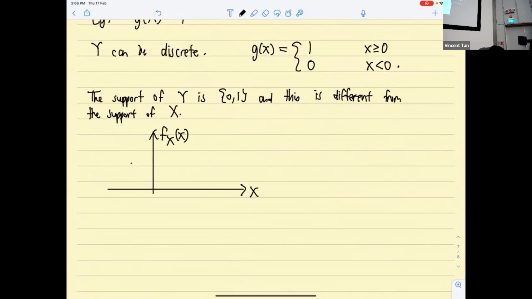Let's say it is uniform here between -1 and 0, and it is uniform here from 0 to 5.